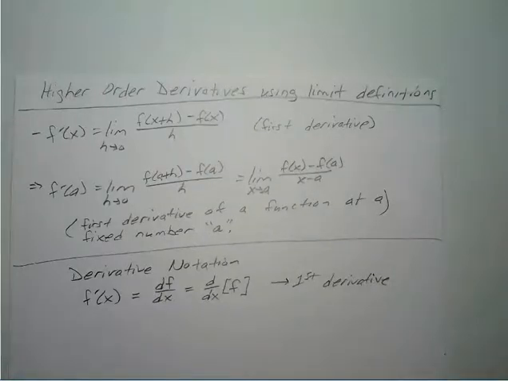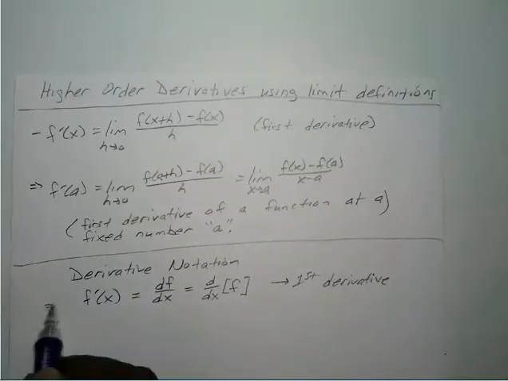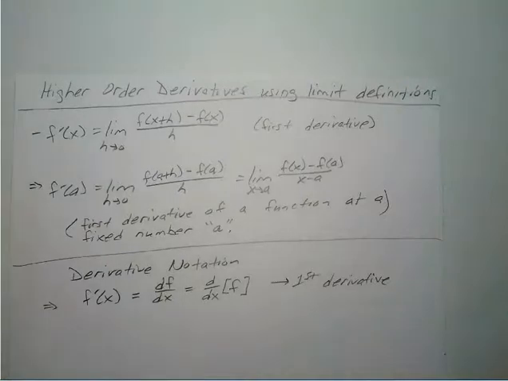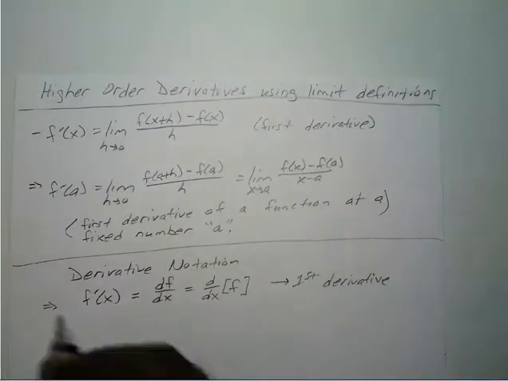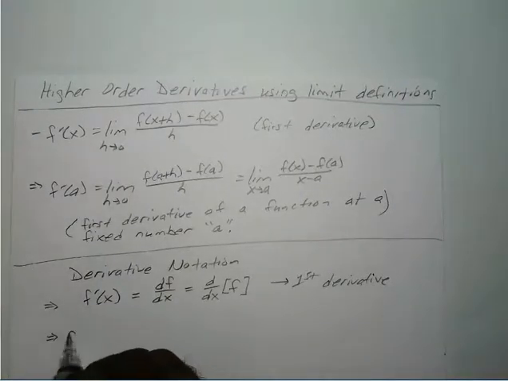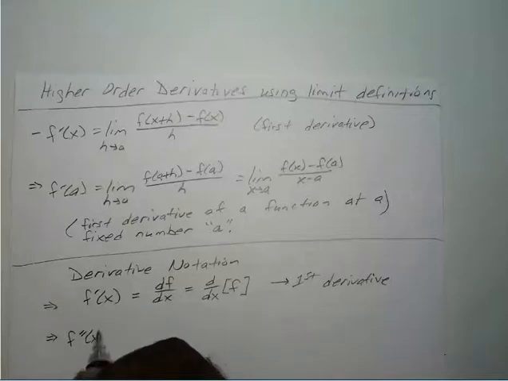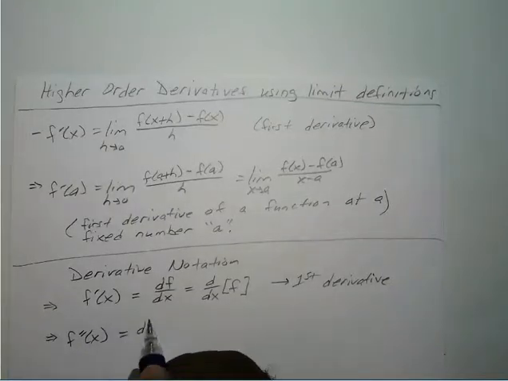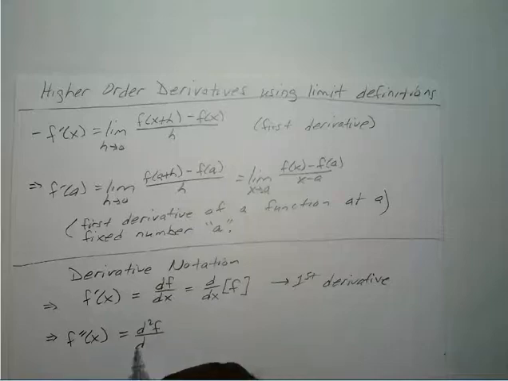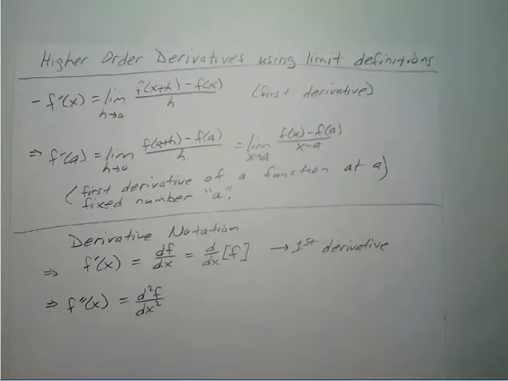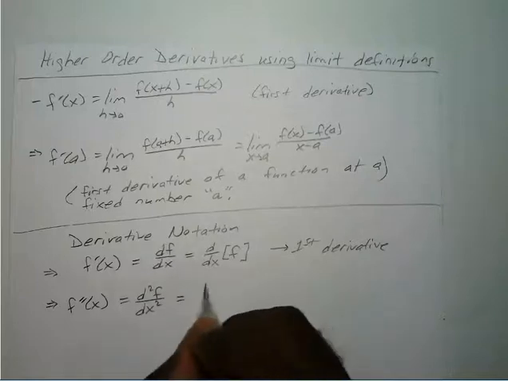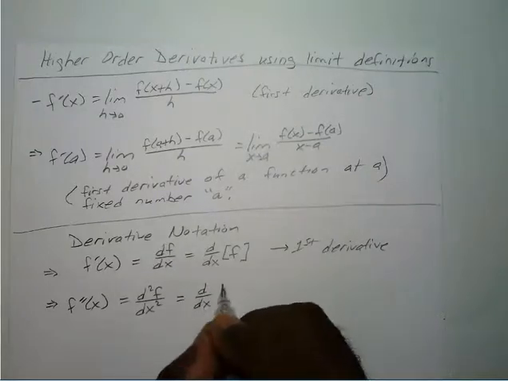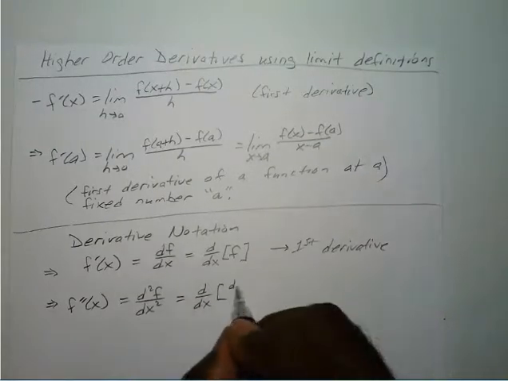Okay. Now your second derivative is really just the derivative of your first one. So your second derivative is denoted by the second derivative of f with respect to x. And like I said, that's just the derivative of whatever your first derivative is.